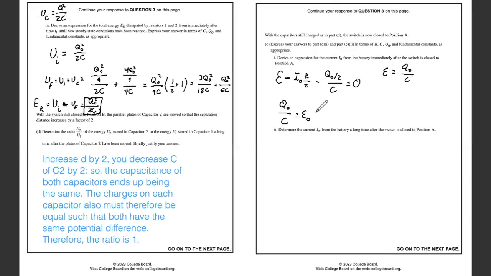There are a couple of things I've been debating as to what the actual answer to this question is. But it's asking for the current from the battery and not the current through the resistor. My reasoning, which I'm going to put up on the screen in just a minute, is that the current from the battery isn't changing.